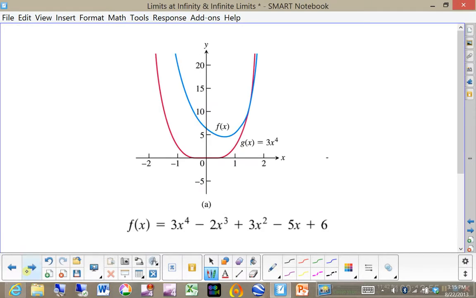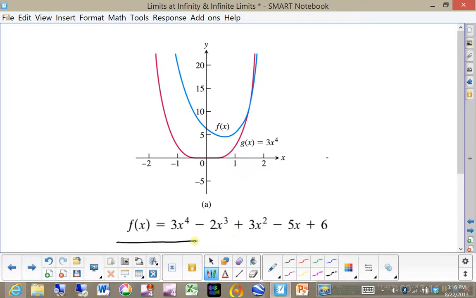Now, to illustrate the fact that in a polynomial, the term with the largest exponent dominates the function, look at these two functions.